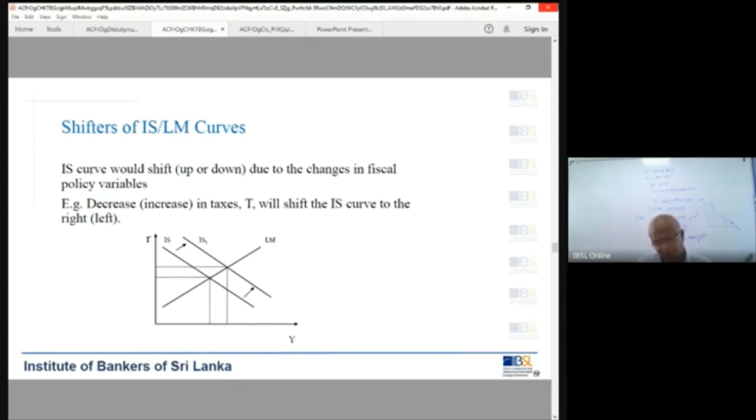So the low tax regime is good. You can initiate and encourage the economy. Income increases, GDP increases when the government cuts taxes. If you increase the taxes, you purposely shrink the economy, IS shifts down, GDP decreases. Right?